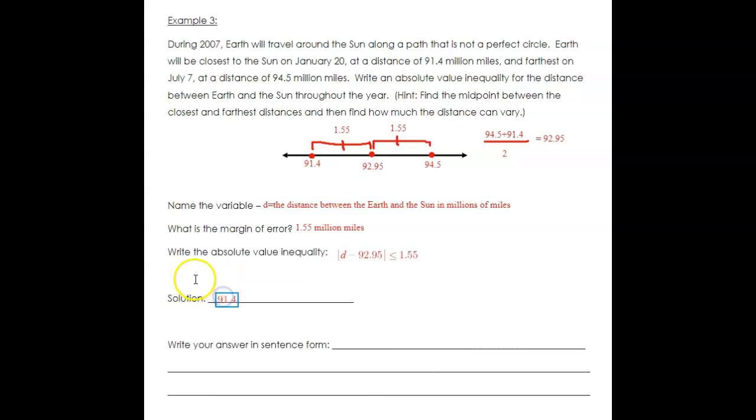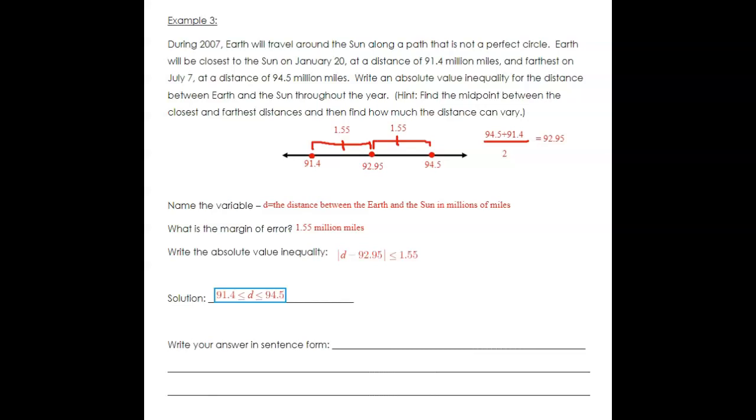Let me move that up a little bit. There we go. And that needs to be less than or equal to my variable d for the distance. And that needs to be less than or equal to my upper boundary, which is 94.5 million miles.